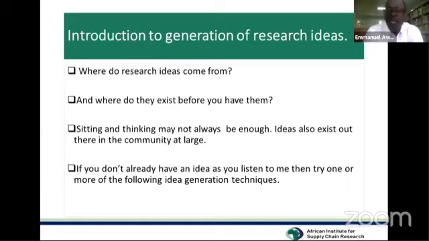So indeed, we generally say that sometimes just sitting and thinking alone is not enough. Ideas exist out there, and often as a researcher, as a student, you are called upon to go out there and seek for these ideas.